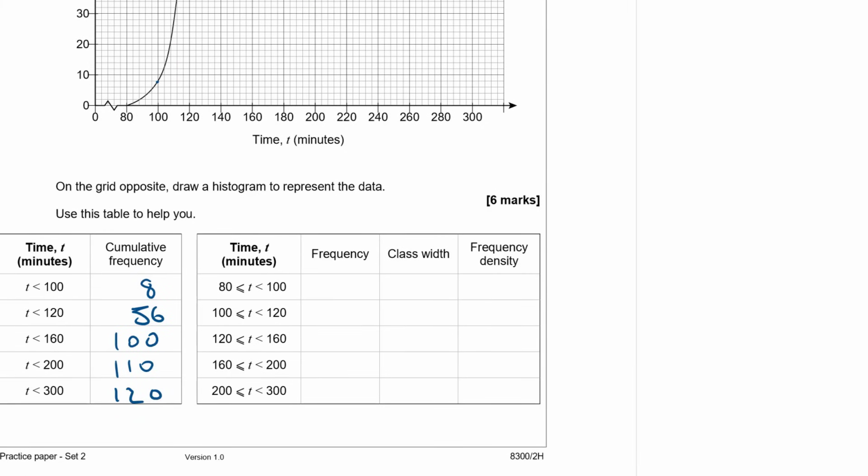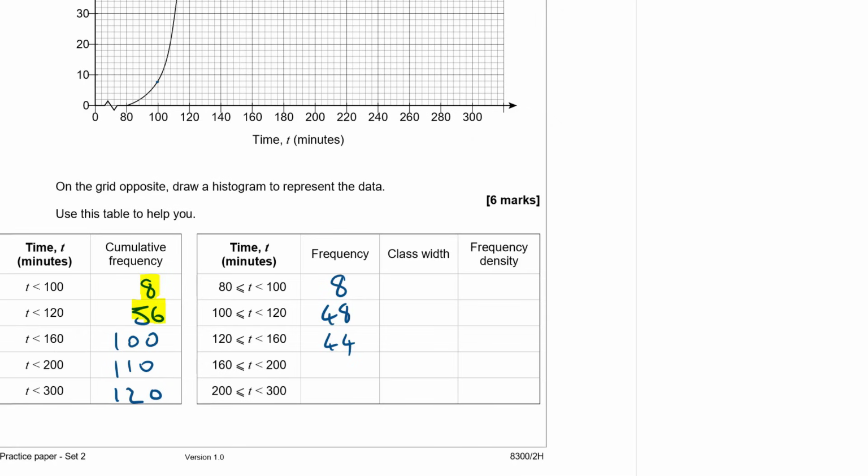Okay, so then we can work out the frequencies from our cumulative frequency. So between 80 and 100 must be all of those 8, so that goes in there. Between 100 and 120, that's going to be the difference between these two numbers. So 56 subtract 8 is 48. So between 120 and 160 is going to be the difference between 56 and 100, which is 44.